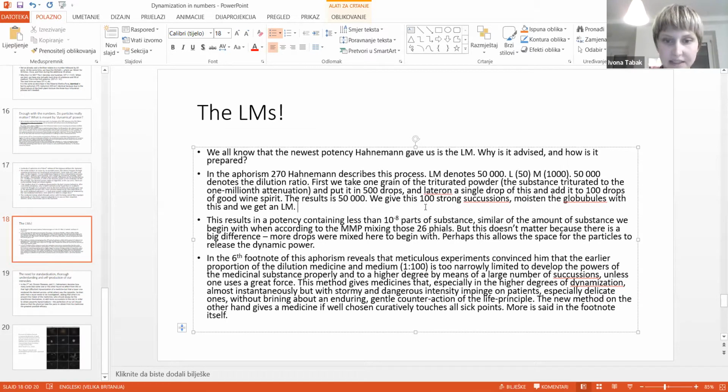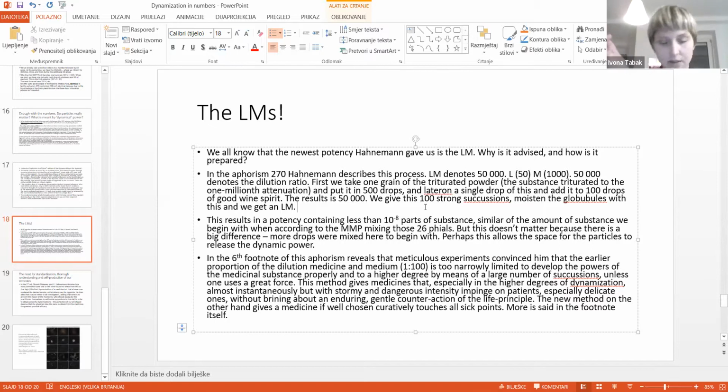This method gives medicine that, especially in the high degrees of dynamization, he's talking about the C scale, impinges on patients almost instantaneously, but with stormy and dangerous intensity, especially delicate ones, without bringing about an enduring, gentle counteraction of the life principles. The new method, on the other hand, gives medicine, if well chosen, of course, that curatively touches all sick points. And more is said in the footnote itself.